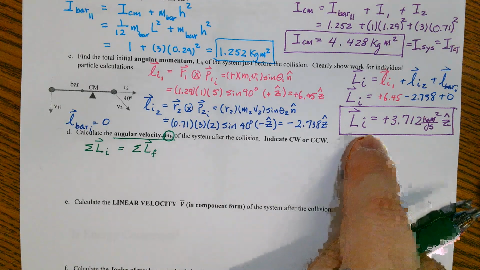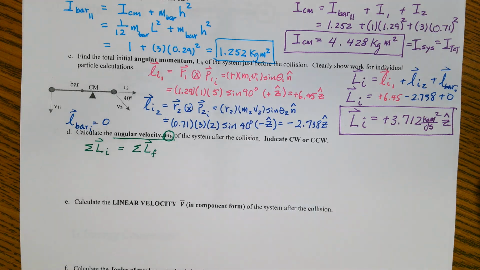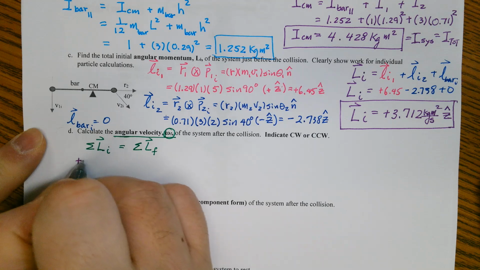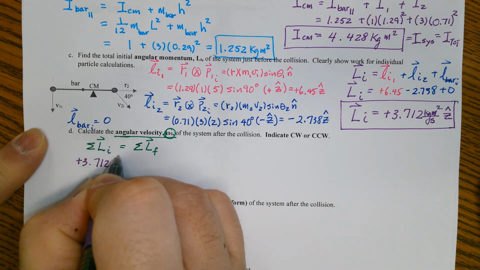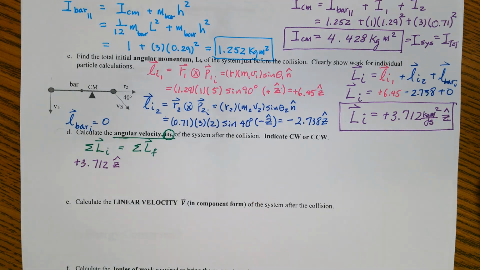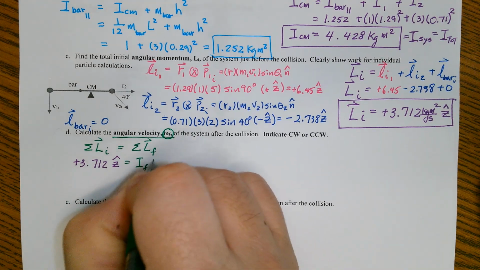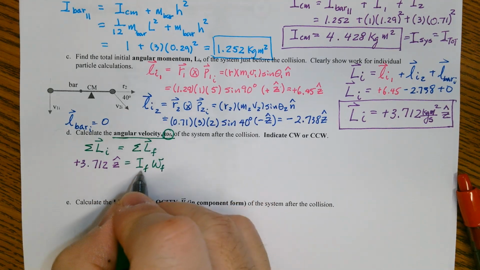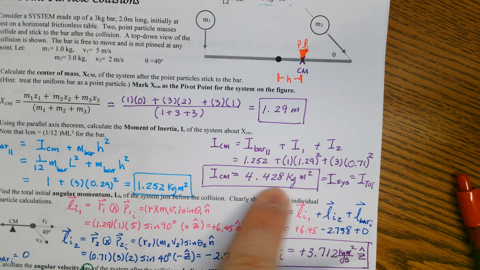We already know the initial total angular momentum is positive 3.712 z hat. That has to equal I omega, where I is the I for the whole system, which we already calculated.